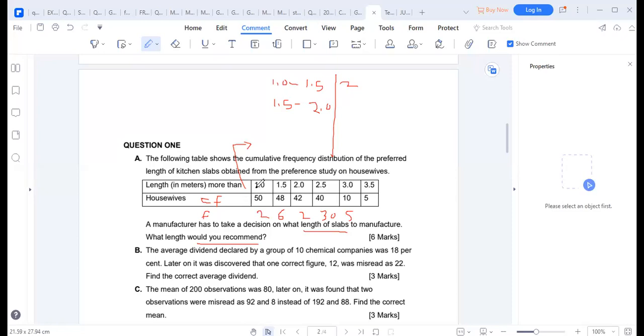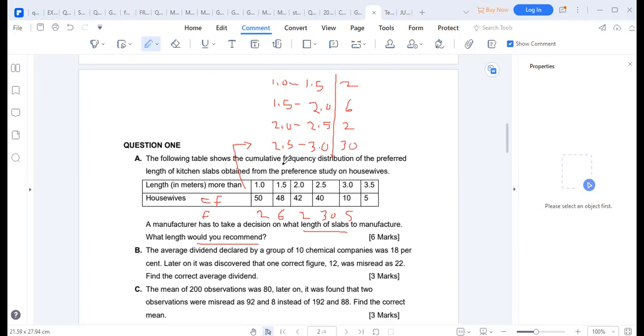So 1 to 1.5, this is a 2. 1.5 to 2, this is a 6. Then we go to 2.0 to 2.5. What do we get? A 2. Then 2.5 to 3.0, you get a 30.